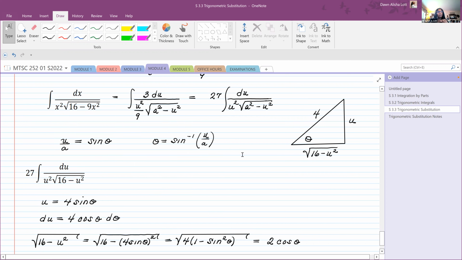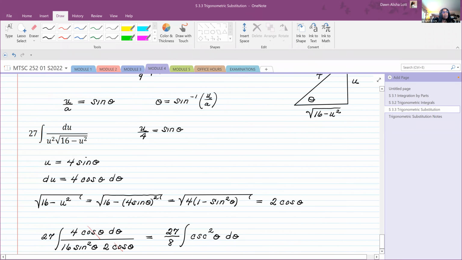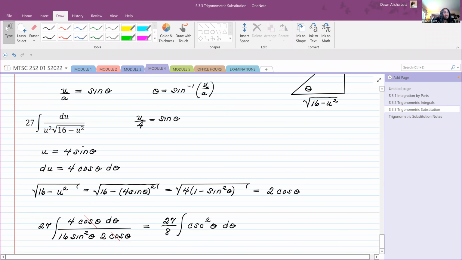So now we have this triangle. u over a is the sine of theta, and theta is the sine inverse of u over a. So u over 4 is the sine of theta, so u is equal to 4 sine theta. Du is 4 cosine theta d theta, and then the square root of 16 minus u squared became 2 cosine theta.